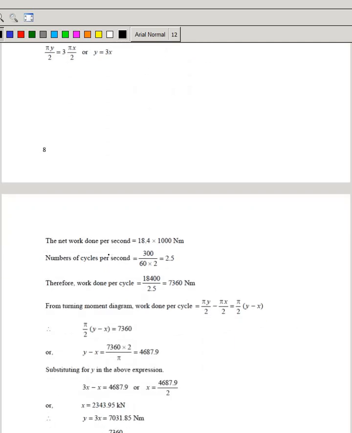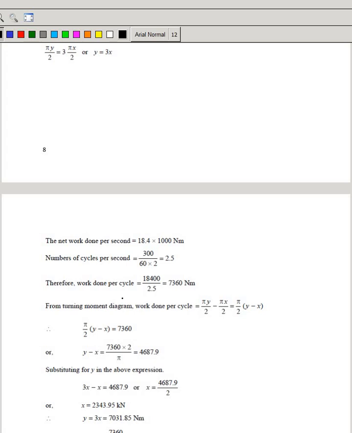Now the net work done per second is 18.4 kilowatt, so 18.4 into 1000 Newton meter is the work done per second. The number of cycles per second: 300 revolution per minute, or 300 by 60 revolution per second. 2 revolution is 1 cycle, since it's a 4-stroke engine, so the number of cycles per second is 2.5.